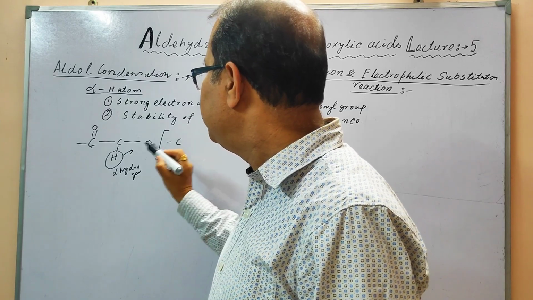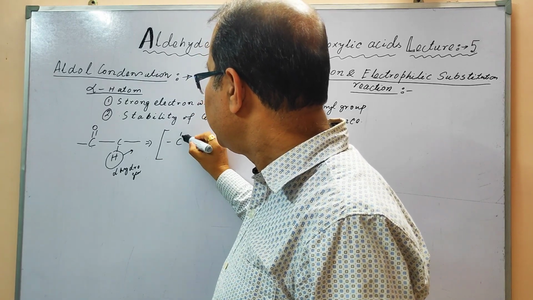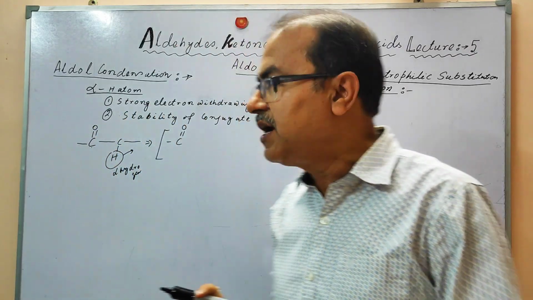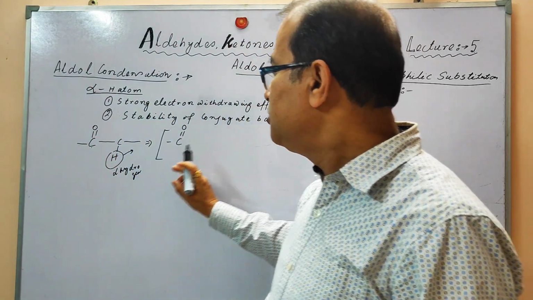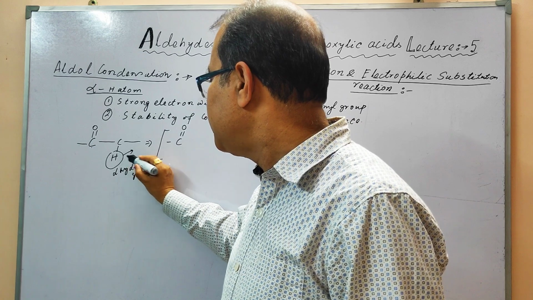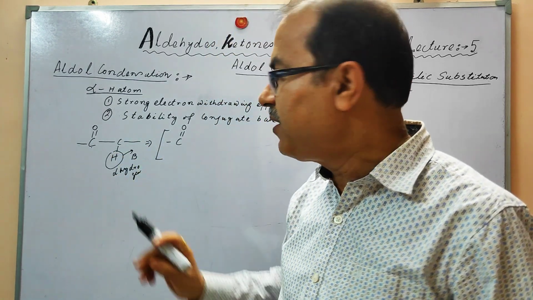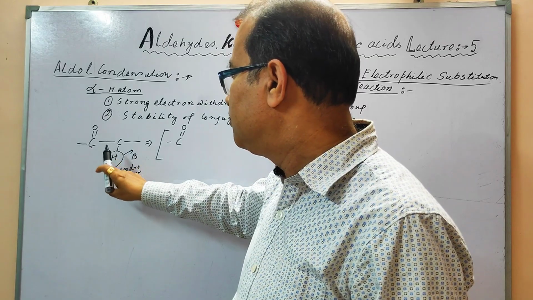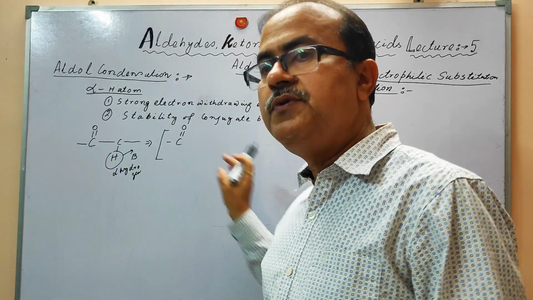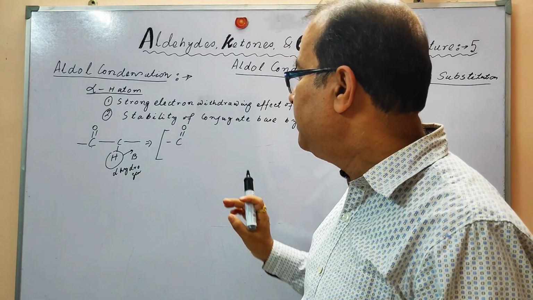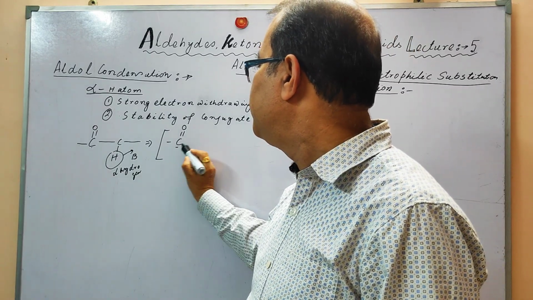This is due to the strong electron withdrawing effect of the carbonyl group, and the hydrogen bonded to this alpha carbon comes out, giving the conjugate base.